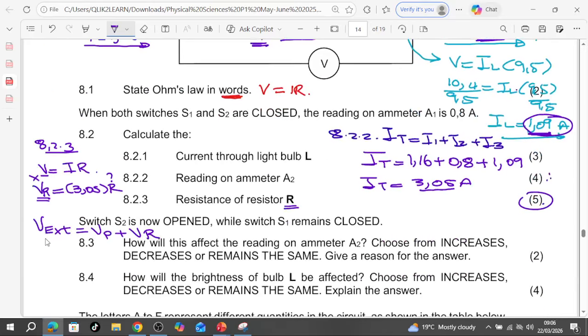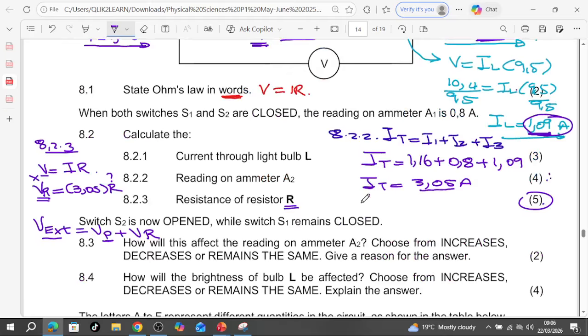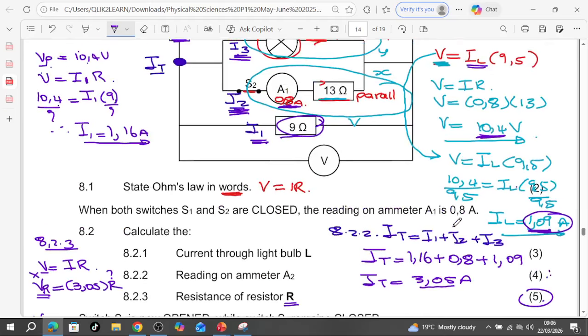So now, do we know the V external? Is the V external given? Nope. Is the V parallel given? Do we know what the V parallel is? Yes. Because remember, the V parallel is the one that we calculated as 10.4. So this 10.4 is my VP, my V parallel.